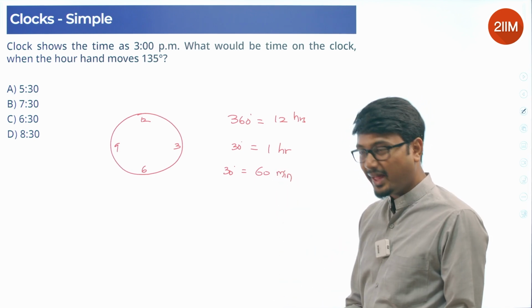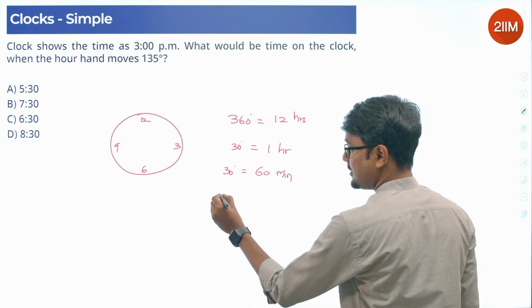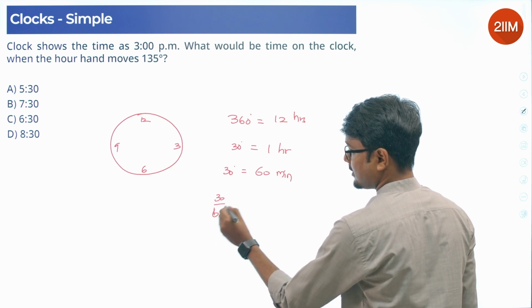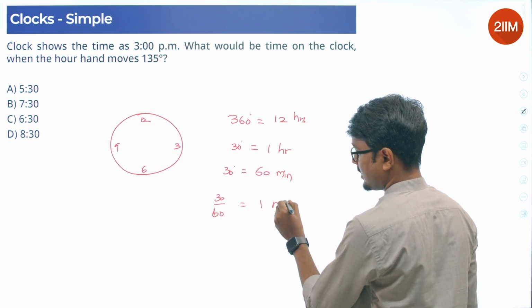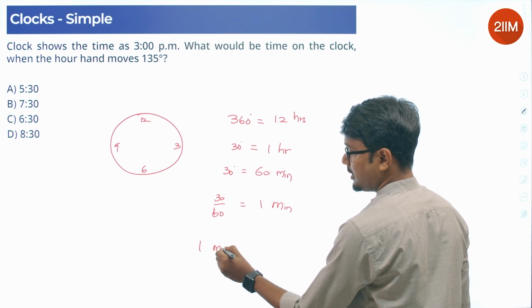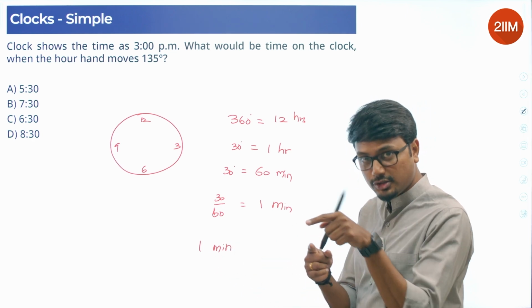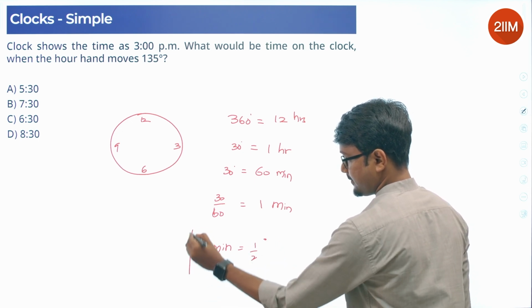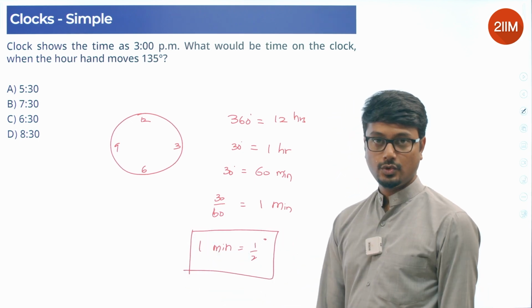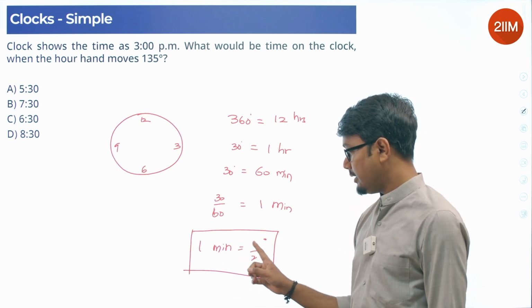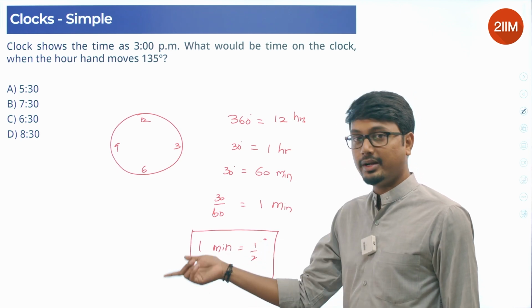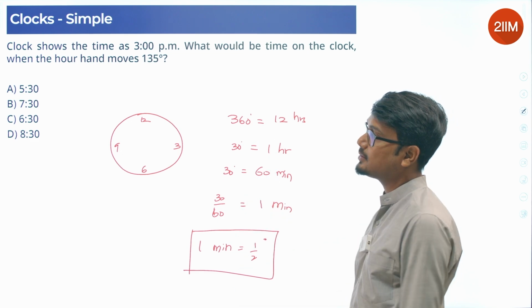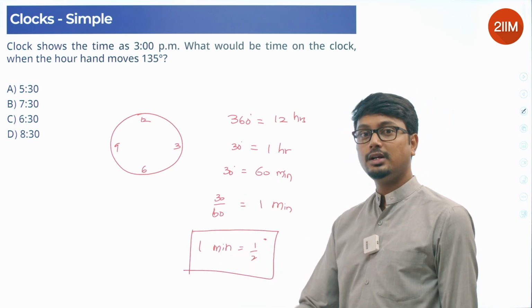In every minute, what happens? So 30 by 60 in 1 minute. So technically in 1 minute, the hour hand travels half a degree. So it is supposed to be traveling at half a degree for every minute. Okay. Now the question says it is crossing 135 degree.